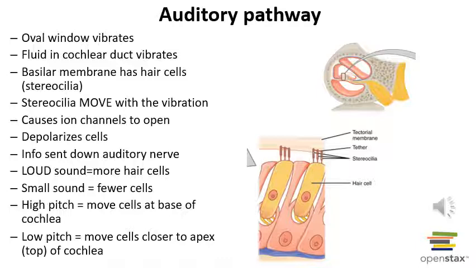High-pitched noises are generally going to move hair cells present at the base or the proximal section of the cochlea, whereas low pitch will wind up moving cells more distally of the cochlea. So the distance traveled through the cochlea is going to be much greater for low-pitched vibrations versus high-pitched vibrations. And that's how we interpret pitch.